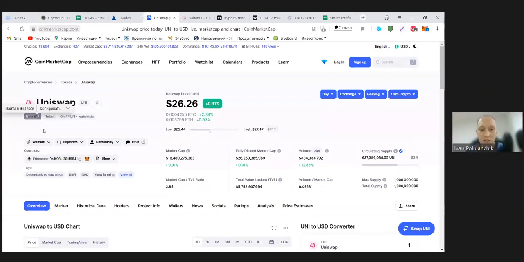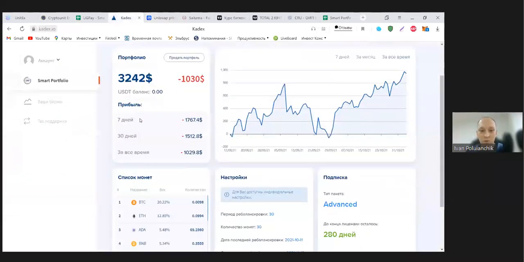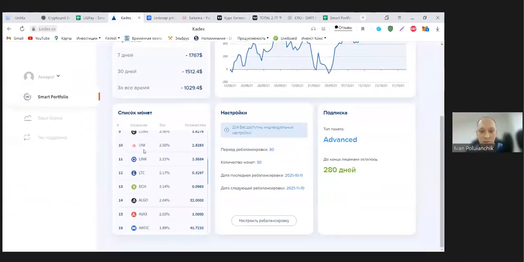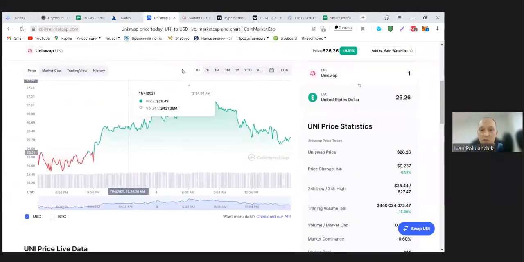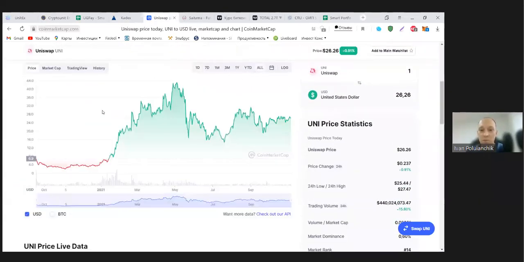So we have one person who knew nothing about Uniswap, but it is number 14. And if you go to your smart portfolio, you will find it. It is there.